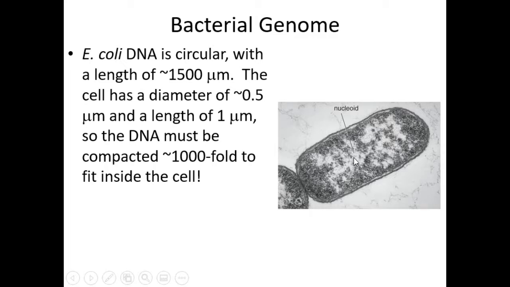Basically, small basic proteins bind to the DNA and bend it, packing it into a more compact structure so it can fit into the cell. This is why you see the compact bacterial chromosome. We call it a nucleoid.